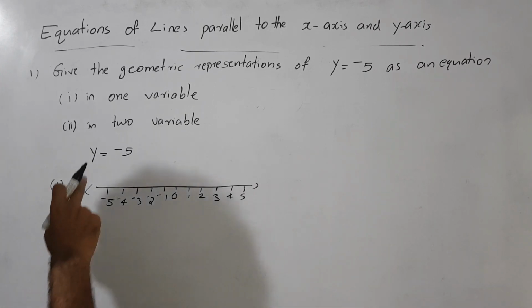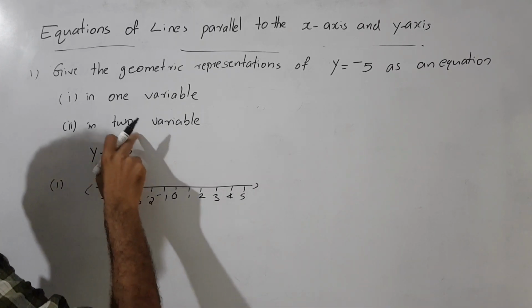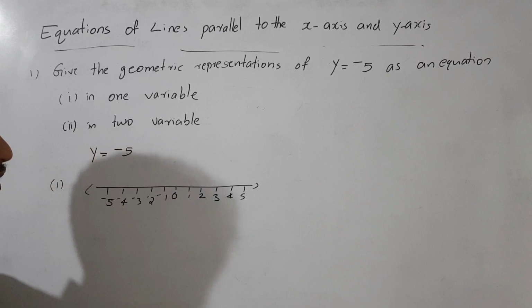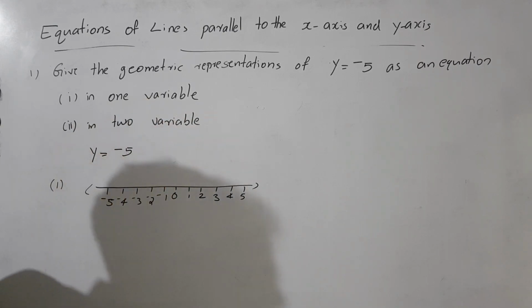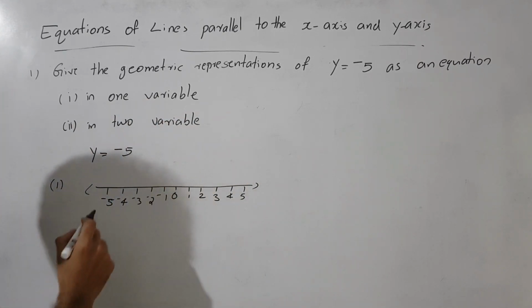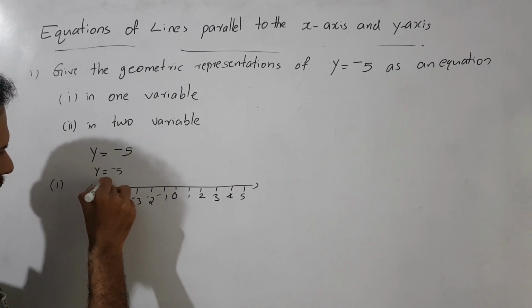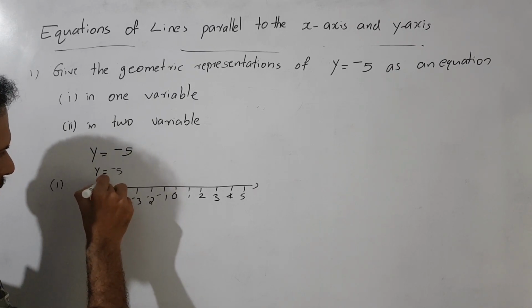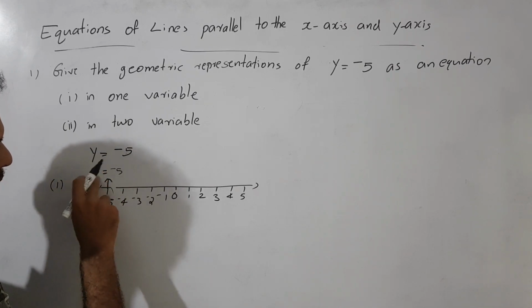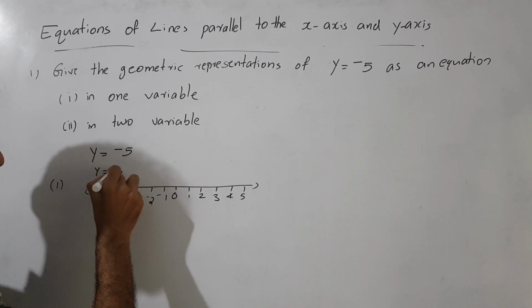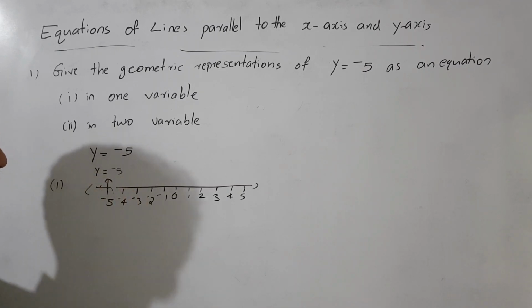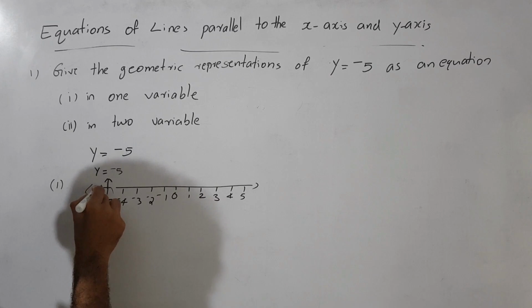Then what is our number? We need to represent y is equal to minus 5 on a number line. In one variable means on a number line. So this one is minus 5. Just mark it. We just put an arrow mark. Y is equal to minus 5. Don't forget to write y is equal to minus 5, or x is equal to minus 5, like this.